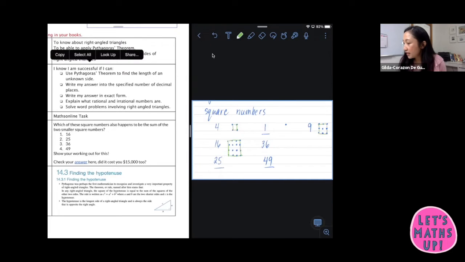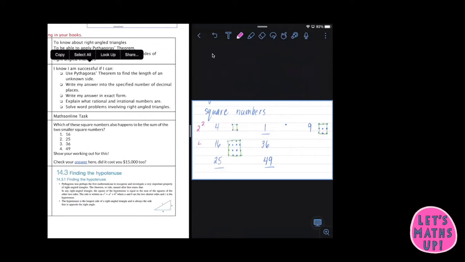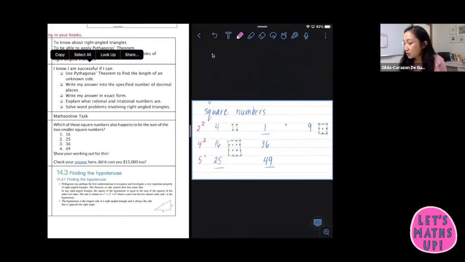And that's why when we have 4, that's 2 squared. What's 16? 4 squared. How about 25? 5 squared. That's why they are called your square numbers, right? They are numbers that, well, not all of them can be divided by 4, but they are numbers that are the result of squaring a number.